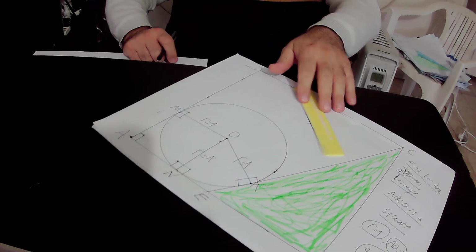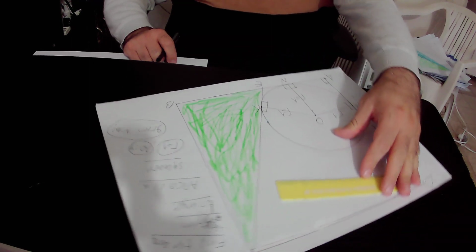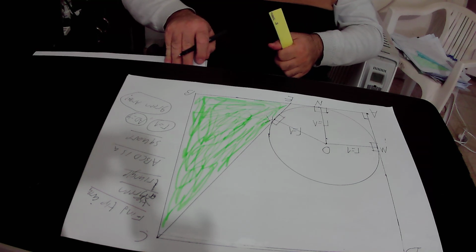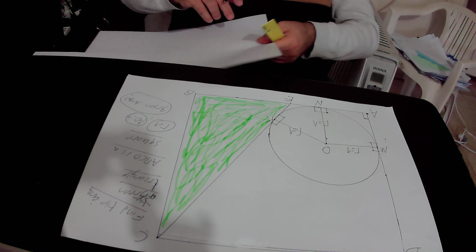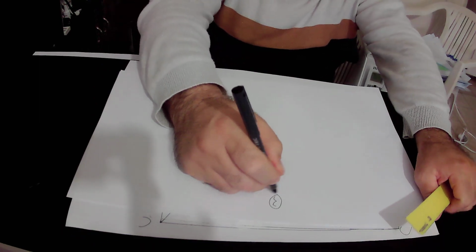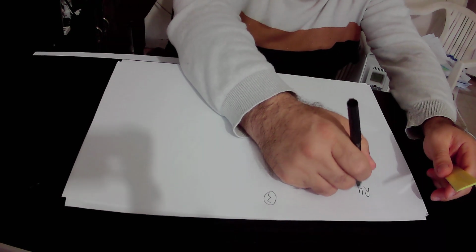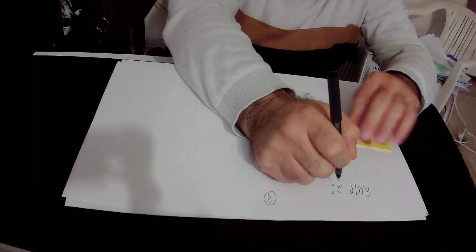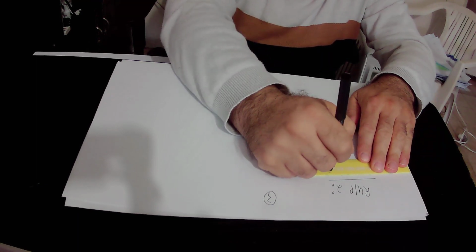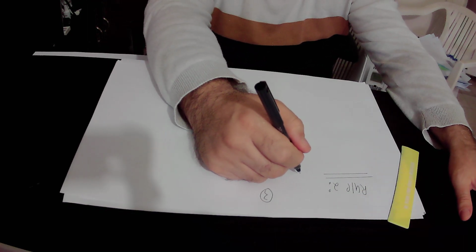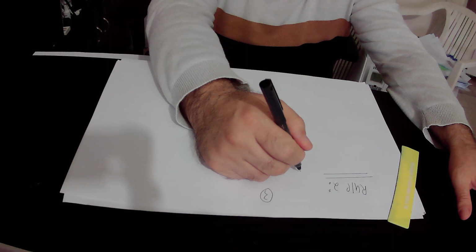Okay? And in the next step, I will present to you a new rule, rule number 2. According to rule number 2, the sum of the angles in any quadrilateral is equal to 360 degrees. I will write it down.